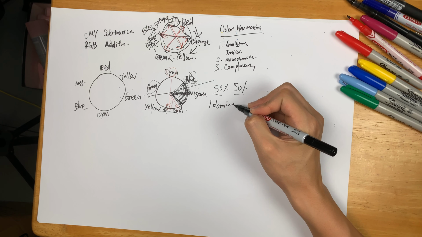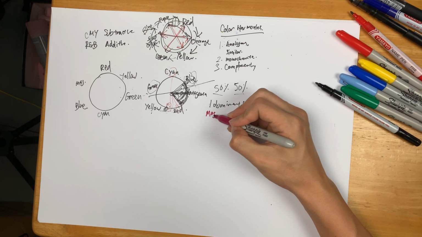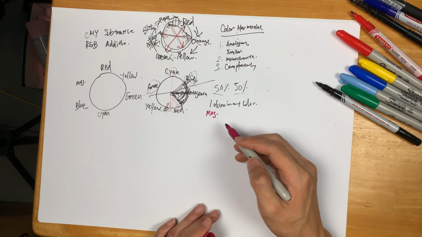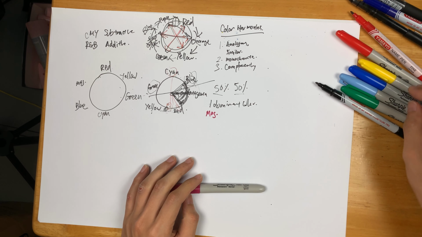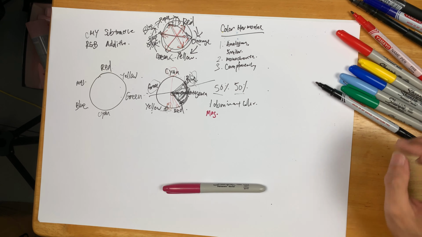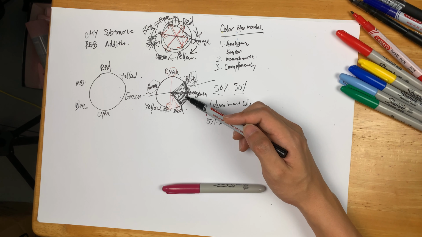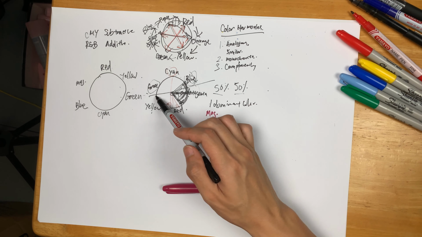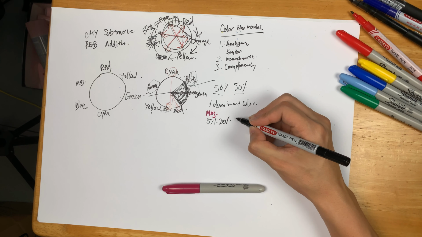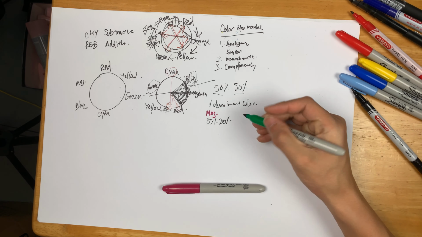So one dominant color, let's say I use magenta as my dominant color. Magenta maybe will take up 80% of my color, and then for the last 20% I can use the opposite of magenta, something like a green. Since I have a green marker here, so green.